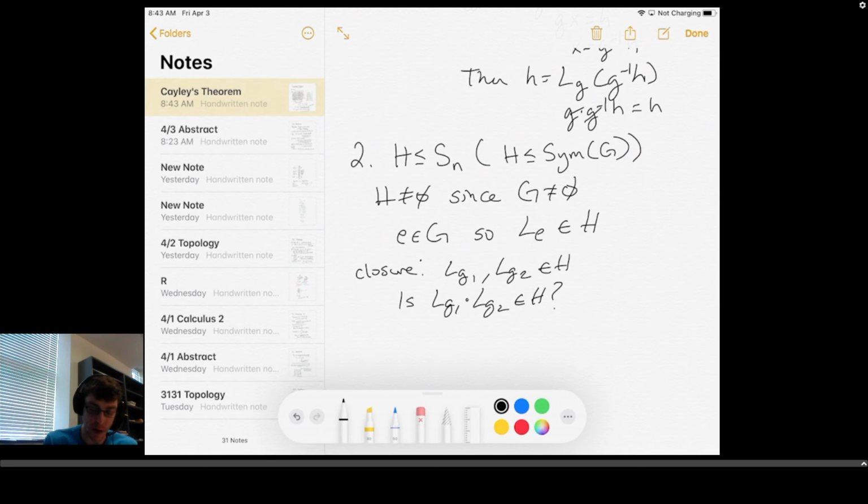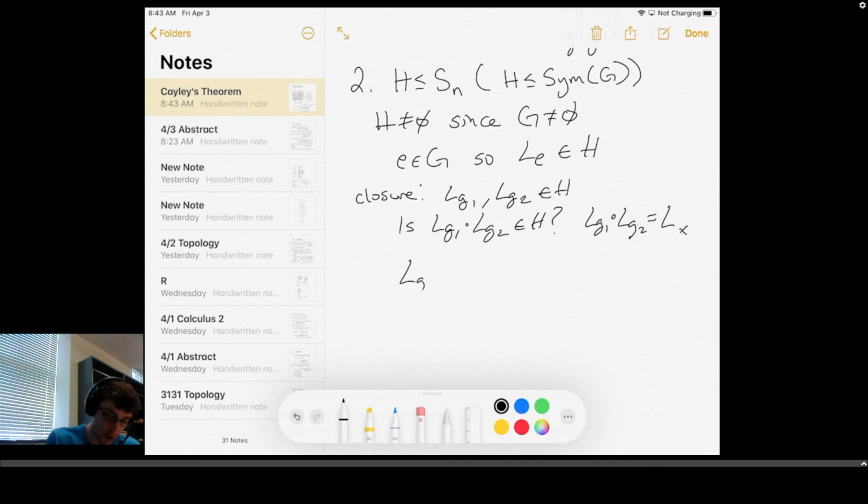So that means we need to write L_g1 composed with L_g2 as L of something, for it to be inside H. Well, what are we really doing? So L_g1 composed with L_g2 of h is, well, we first left multiplied by g2, and then we left multiplied by g1.